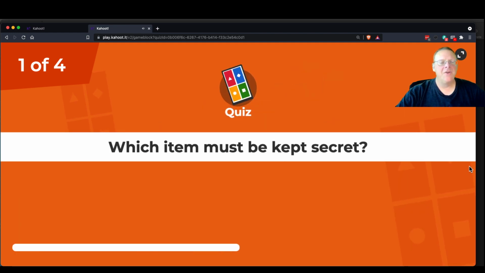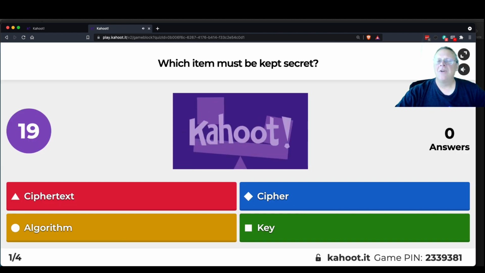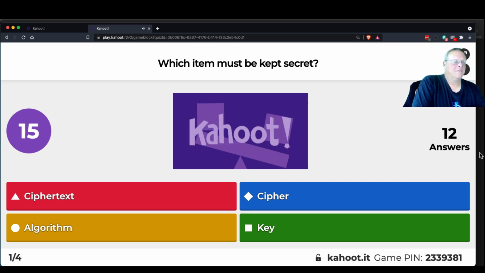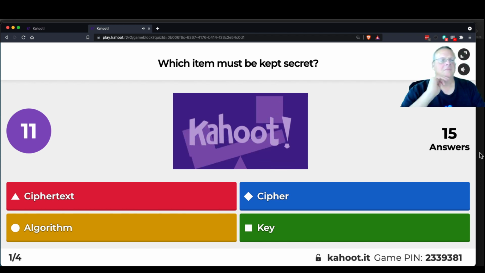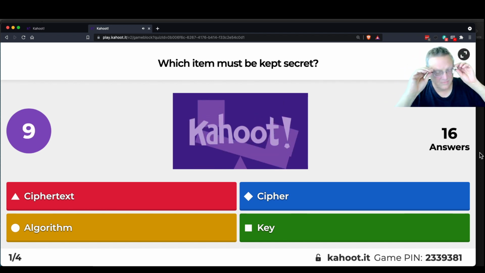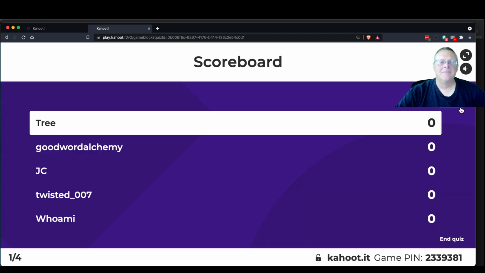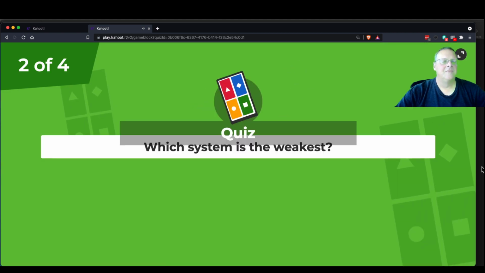All right. So which one of these has to be kept secret? The key, right. All the secrecy is in the key. All right.